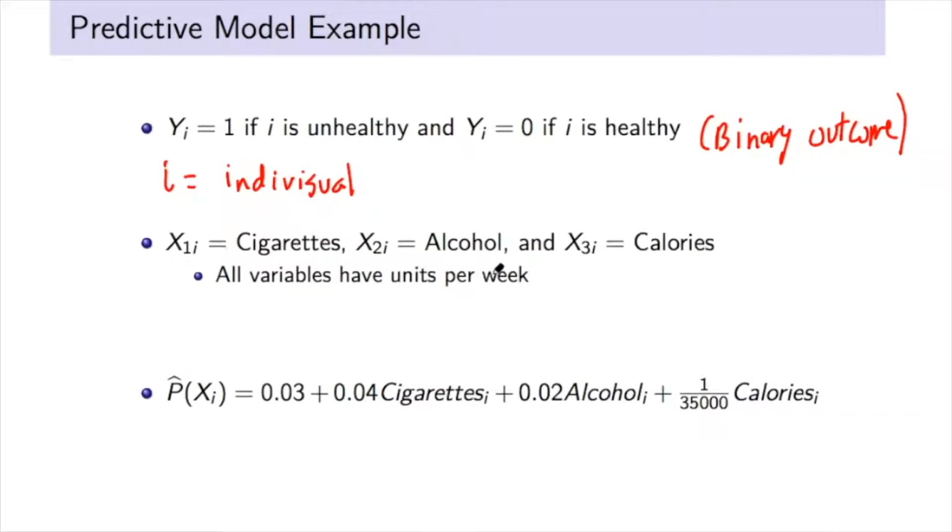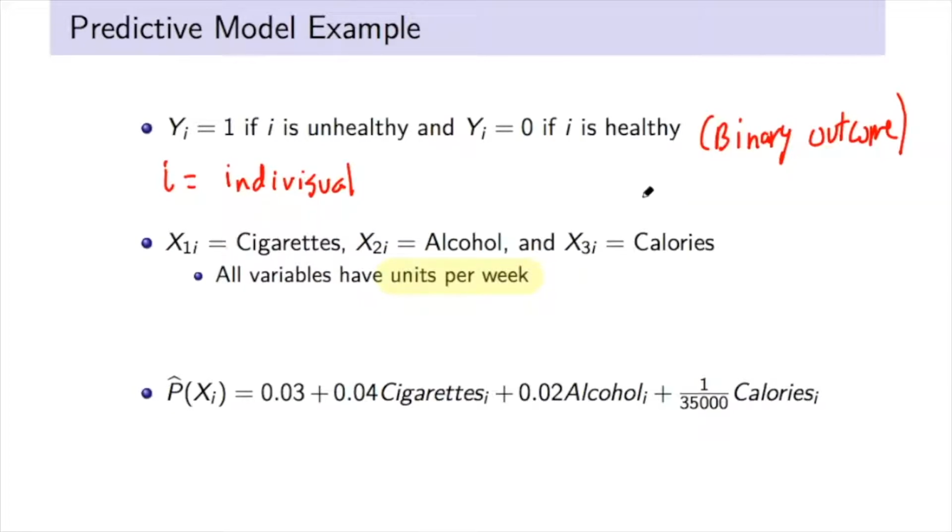All of these features are measured on a weekly level. So let me just highlight that. So units per week. So we know on a weekly basis how many cigarettes the person smokes. We know, for example, in liters, how much alcohol they consume per week. And we also know how many calories they consume per week. So we have these three characteristics.